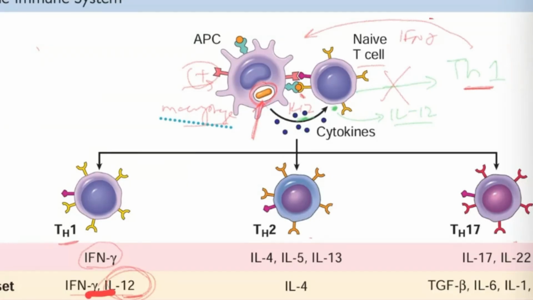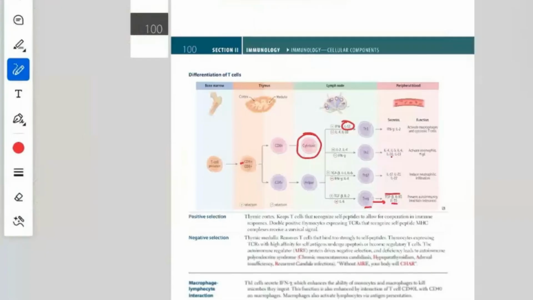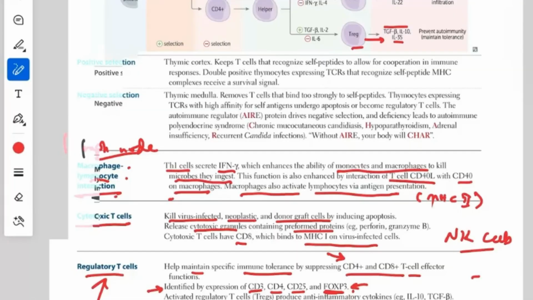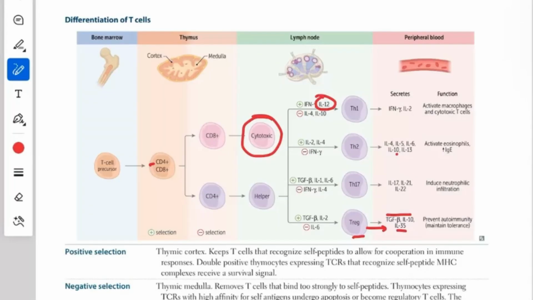So the question will go like we said here: if this interleukin 12 is unable to activate this naive cell, it will never become a Th1 cell.